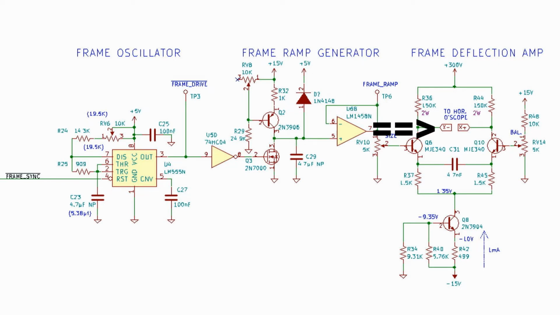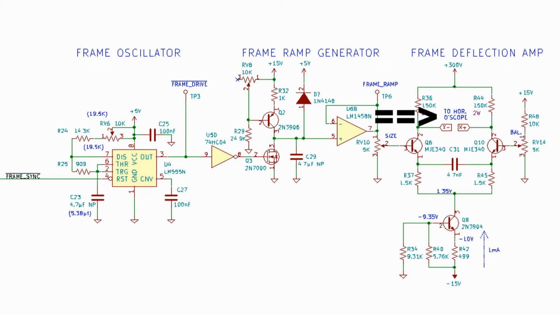And because the current is constant and Q6 is taking more than his fair share now, the current going through Q10 will drop, and the voltage drop across his collector resistor, R44, will decrease, making the voltage at X plus go up by the exact same amount as X minus went down. So we have a doubling effect between X minus and X plus on the signal level.